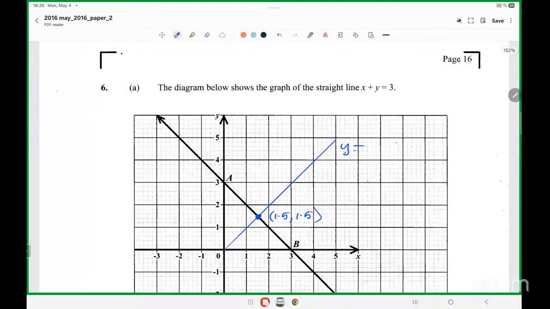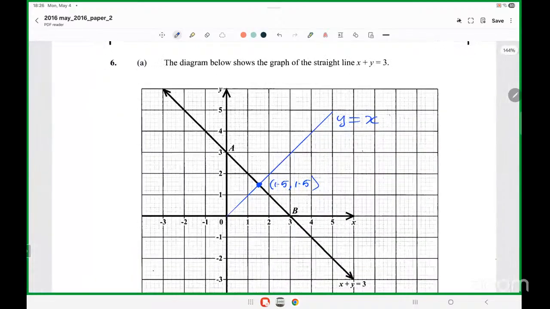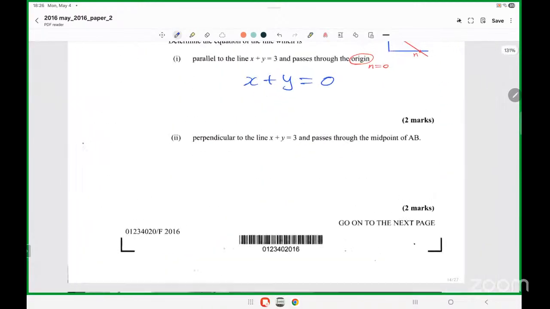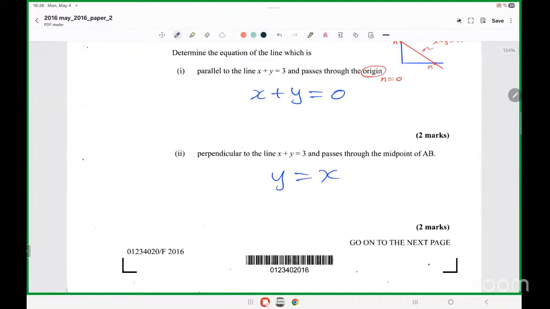It passes through points with the same x and y value. It passes through the midpoint and is perpendicular to this. That's it: y equals x, as you can see on the graph.